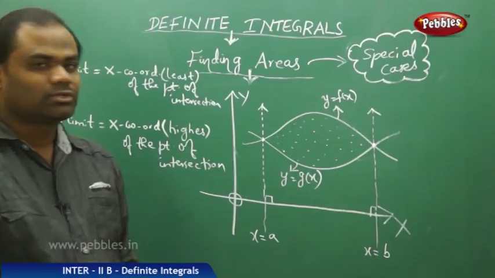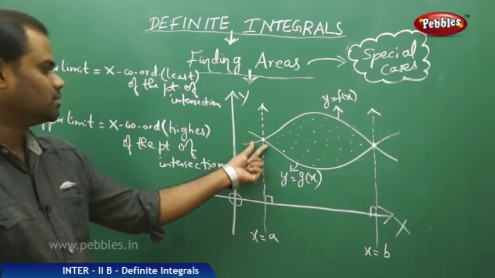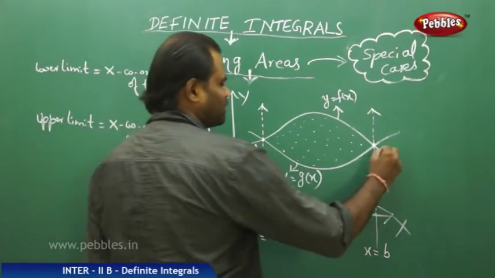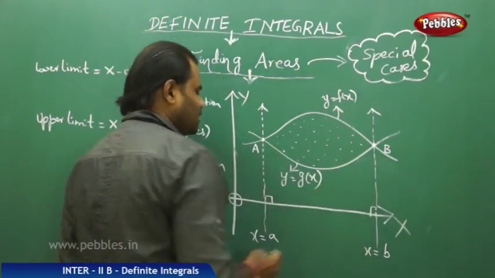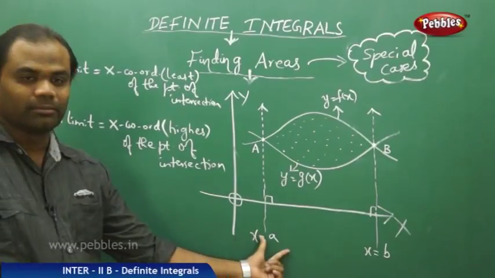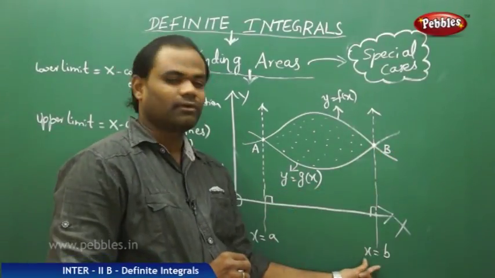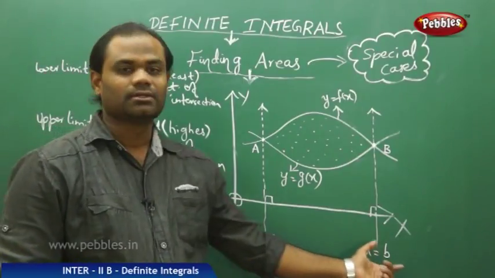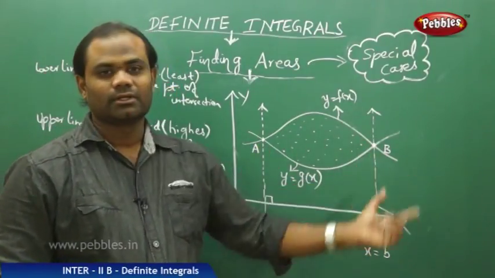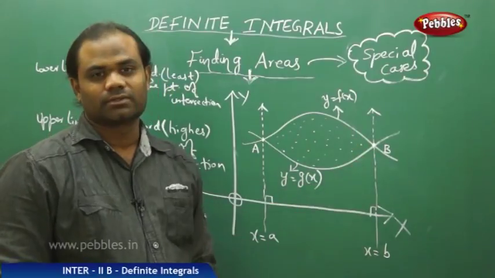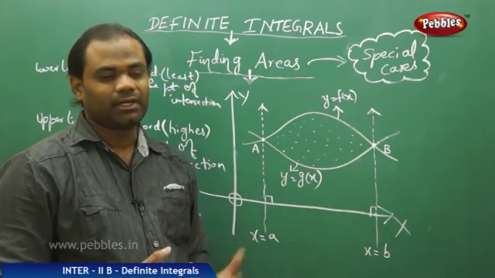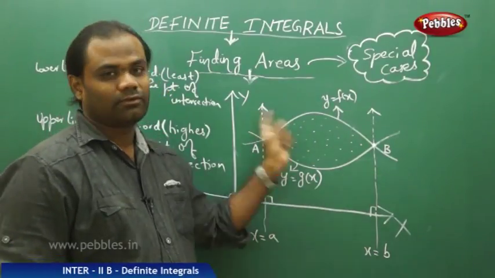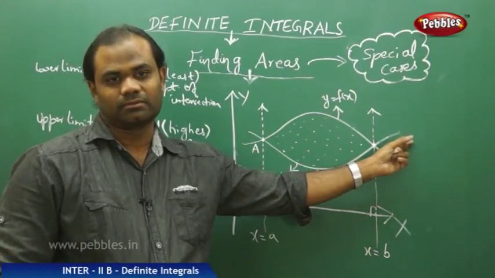When we get two points of intersection, say I denote the point of intersection here as A and here as B, then the x coordinate of A will define the lower limit and the x coordinate of B will define the upper limit. To extract the x coordinates of both points, we solve the two curves. The points of intersection A and B are obtained by solving the two curves y equals f of x and y equals g of x.